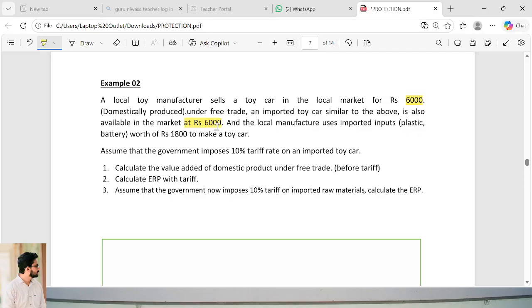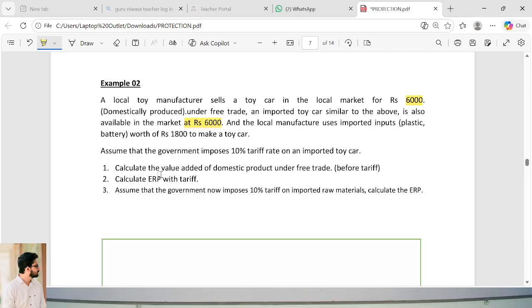Now in the domestic market, there are two types of toy cars: the domestically produced one and the imported one. The local manufacturer uses imported input, plastic and battery, worth 1,800 to make a toy car. Assume that the government imposes a 10% tariff rate on the imported toy car, the imported final product.